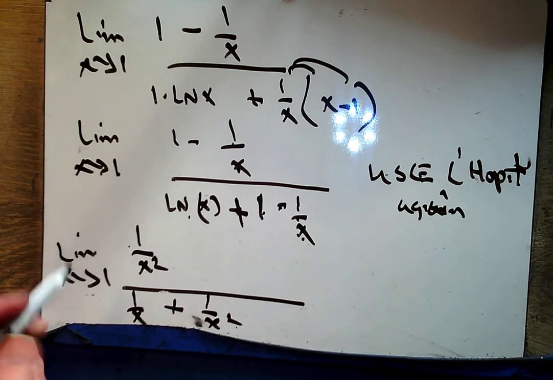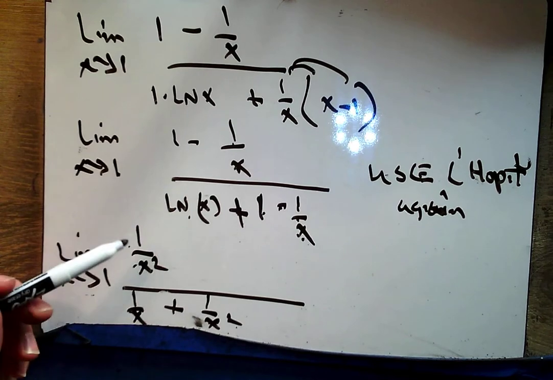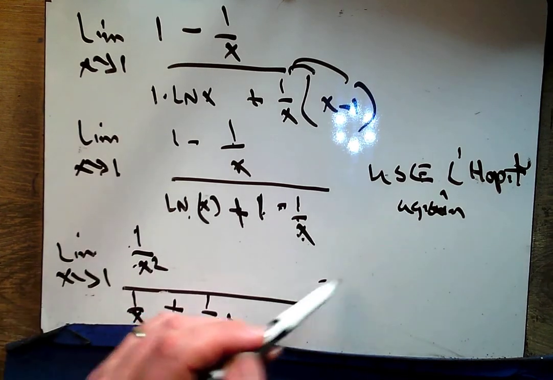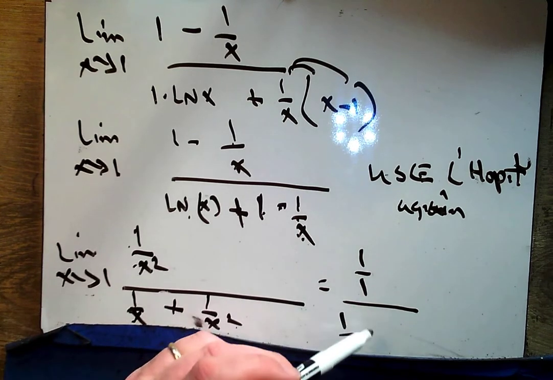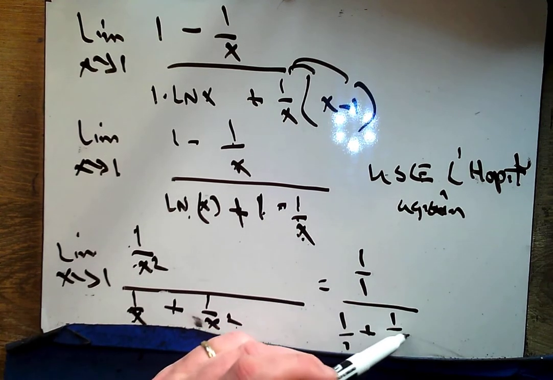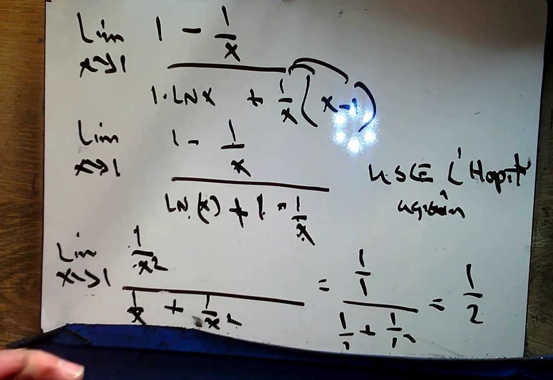Okay, I think at this point, when I plug in 1, look what happens. 1 over 1 is 1, 1 over 1 plus 1 over 1 squared. And so we get 1 over 2. And there's the value of my limit.